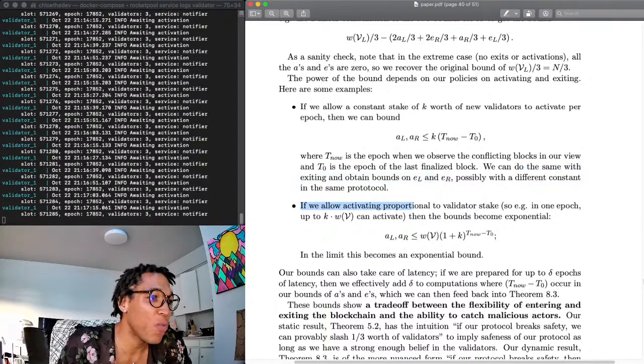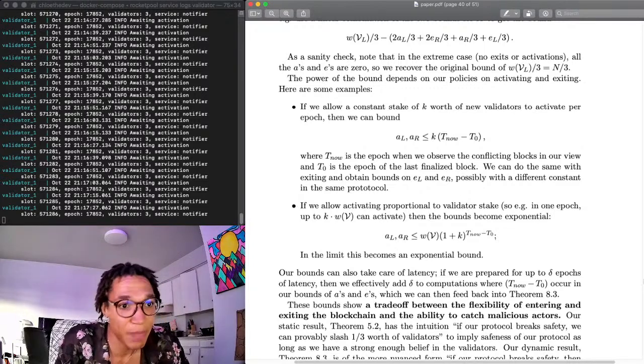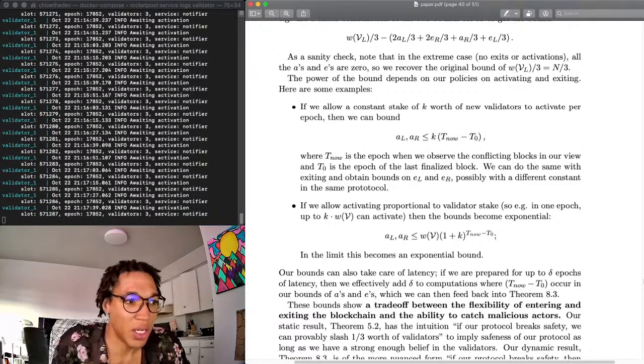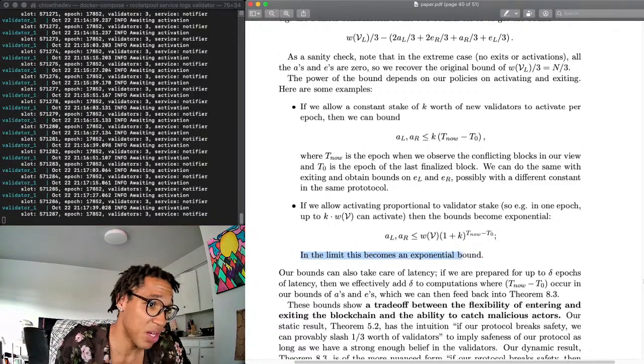If we allow activating proportional to validator stake, so for example, in one epoch up to k times w, the validators can activate. Again, so just trying to figure out what the best way of activation is, then the bounds become exponential. In the limit, this becomes an exponential bound.